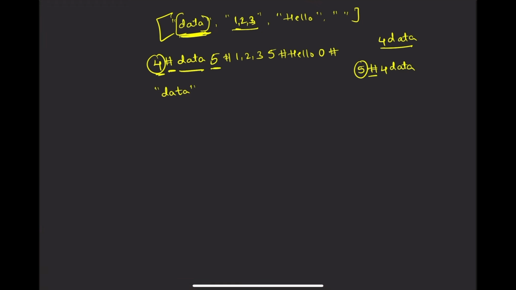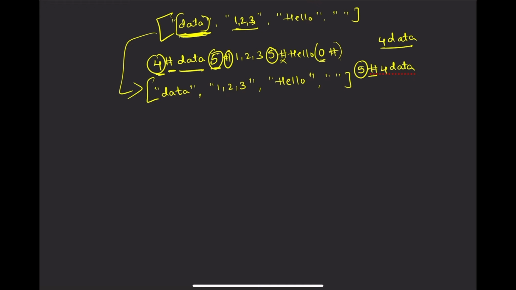Next comes 5. So what happens? You skip this hash and read 5 characters, which is 1, 2, 3. Then again 5 characters, skip the hash, so it is HELLO. And then finally you have 0 characters, so it is empty.